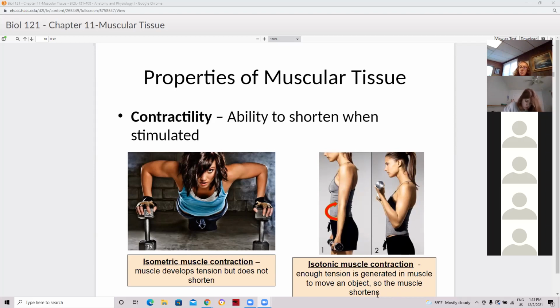So iso means the same, metric meaning length. Isometric means it stays the same length. It develops tension but doesn't change its length. Isotonic means it changes its length, but the tension remains the same.